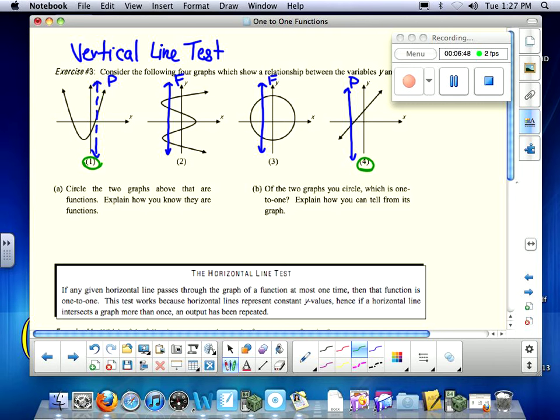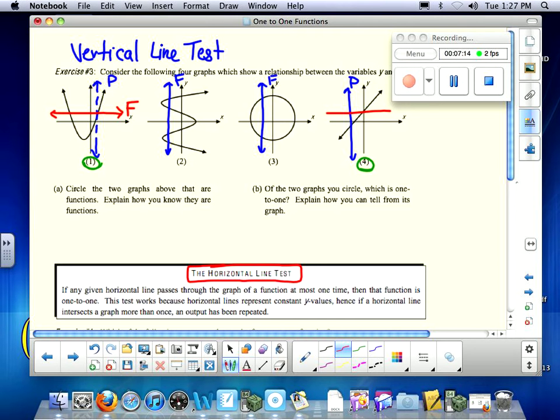One of these is one-to-one and the other one isn't. And what we'll use is something called a horizontal line test, to determine if it's one-to-one. Horizontal lines go across, and again, if it hits 2 times or more, then it fails.